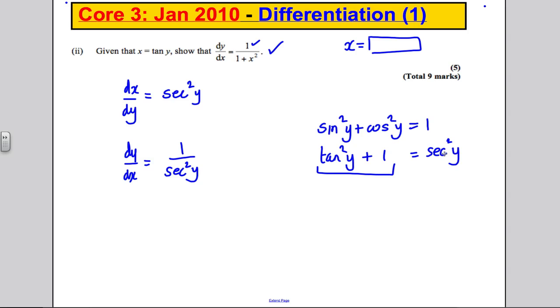So you could replace sec squared y by 1 over 1 plus tan squared y. But look at your original up here. x is tan y, so tan squared y must be x squared, so that would be 1 over 1 plus x squared. That is quite a tricky question there. And we're done on that example then.